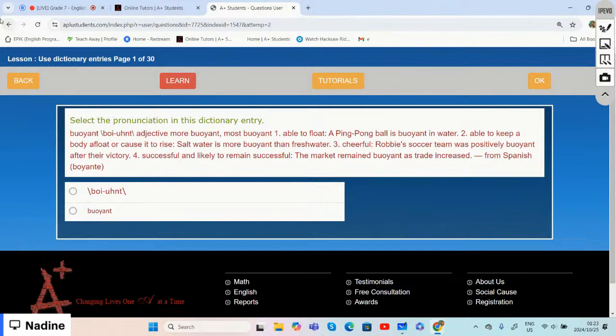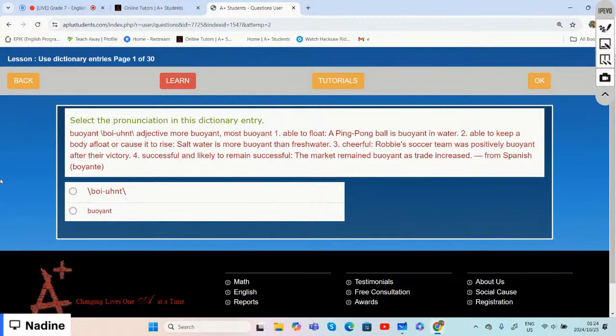So our word is buoyant, right? If we were to identify the pronunciation, is it option one or option two? Which one is correct?